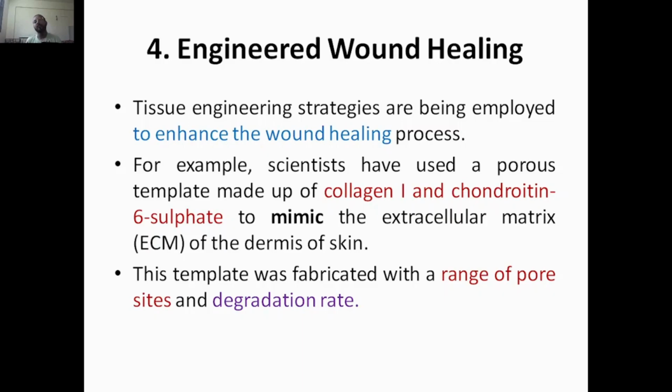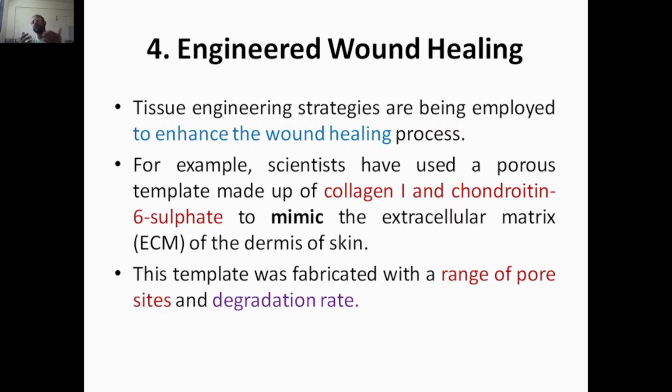Now the second porous template I produce will have pores of around 150 to 300 microns, so the degradation rate will change. It may be lesser than what I mentioned earlier, or it may be more, depending on the experimental and other factors involved in wound healing.